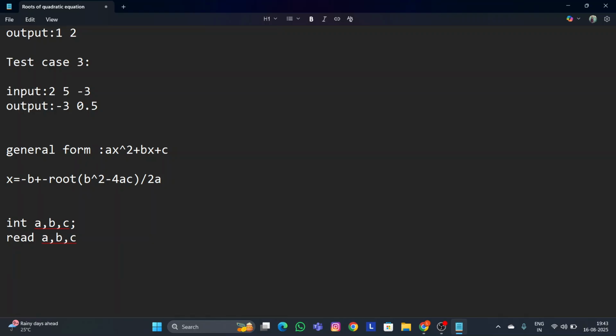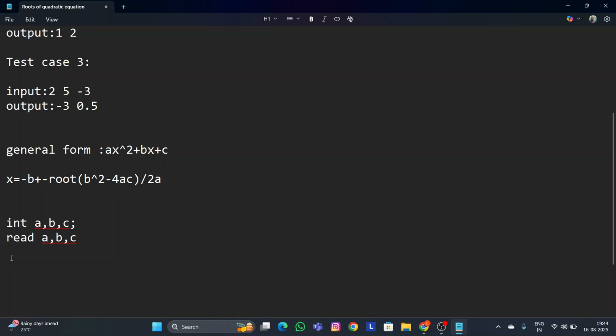After reading, we have the formula, minus b plus or minus under root of b square minus 4ac by 2a. So first I am calculating the root of this value.